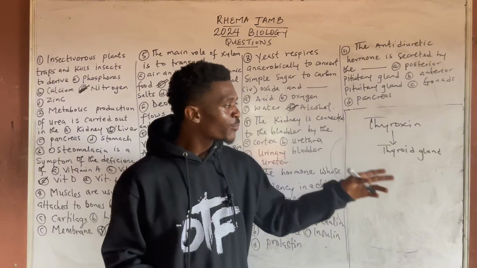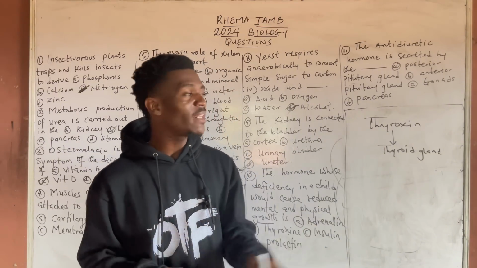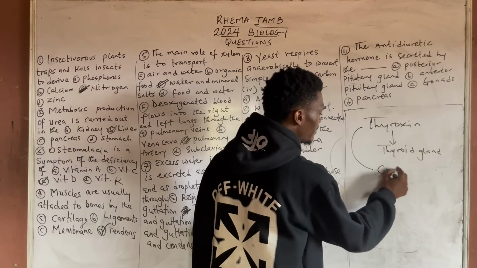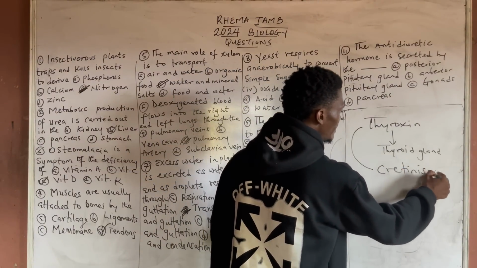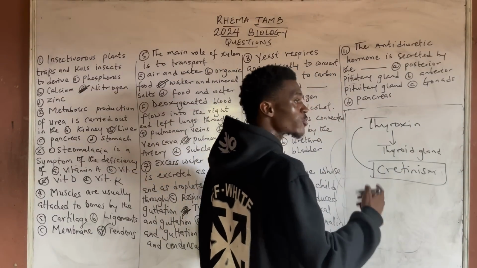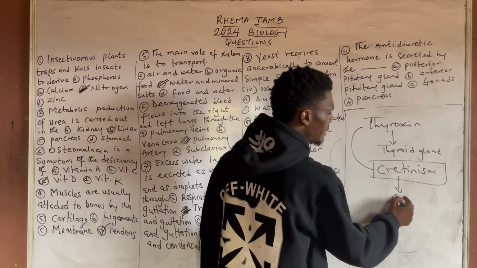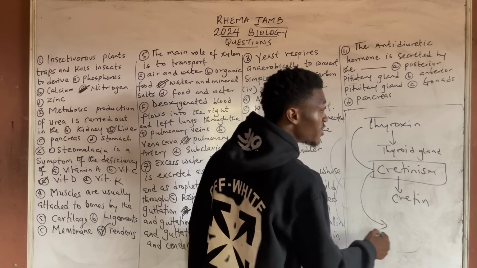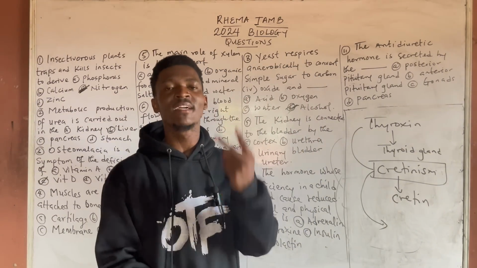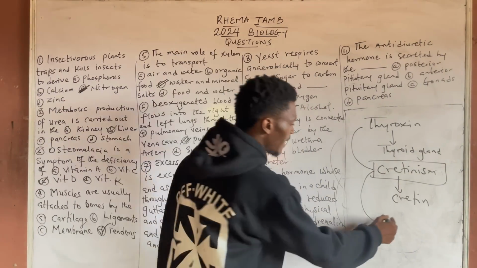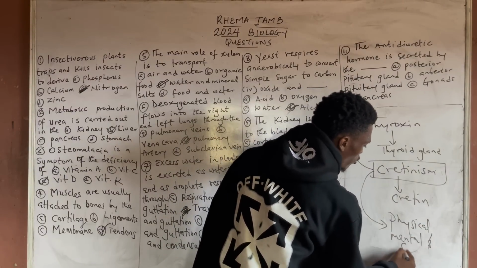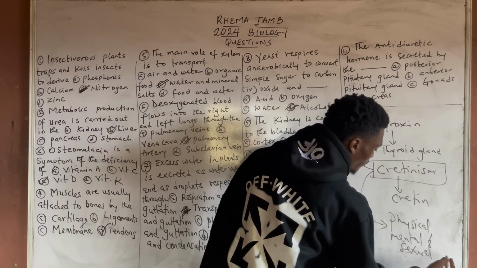Now, this thyroxine in children, when it is deficient, results in a condition called cretinism. A child suffering from it is called a cretin. And what are the symptoms associated with cretinism? The child will be physically, sexually, and mentally retarded, meaning there is physical, mental, and sexual retardation in the life of the child.